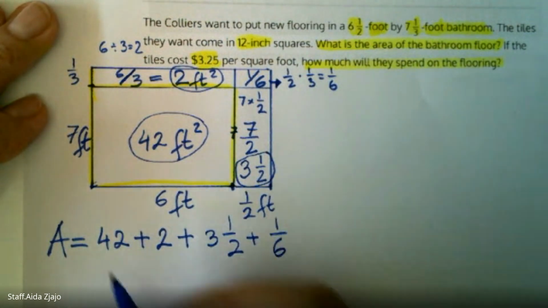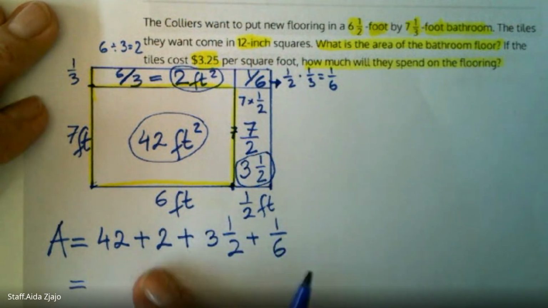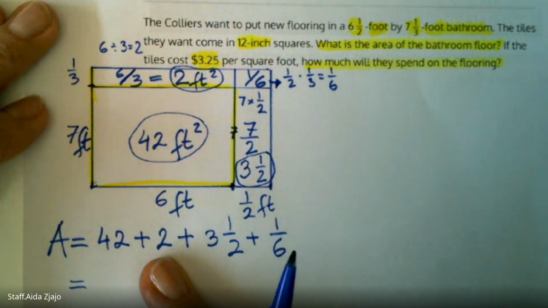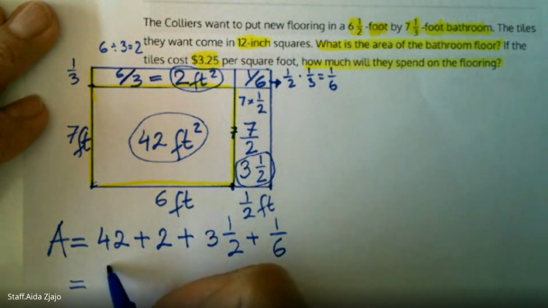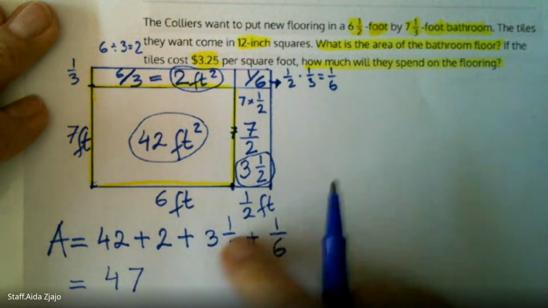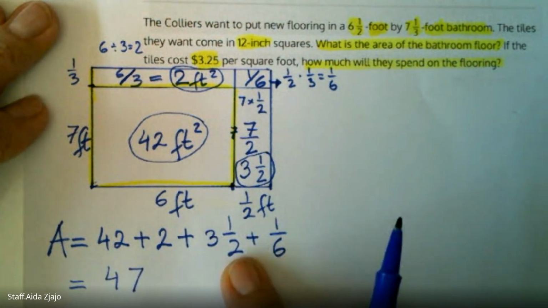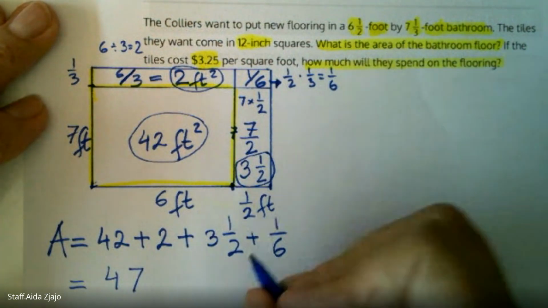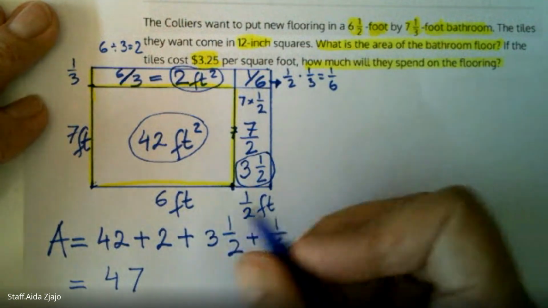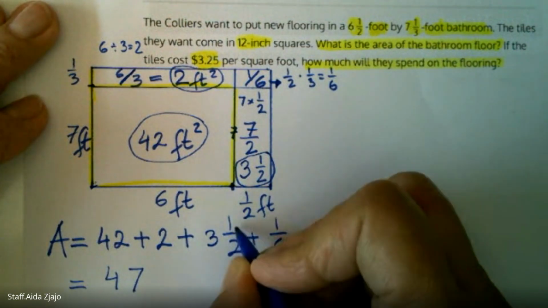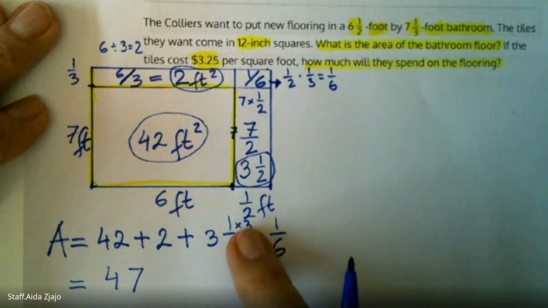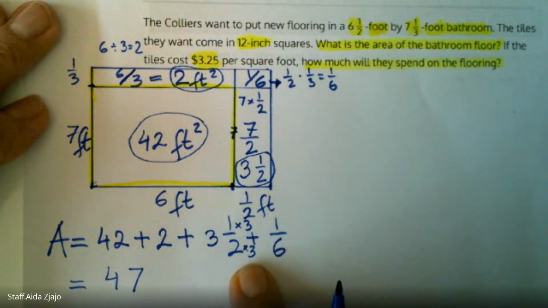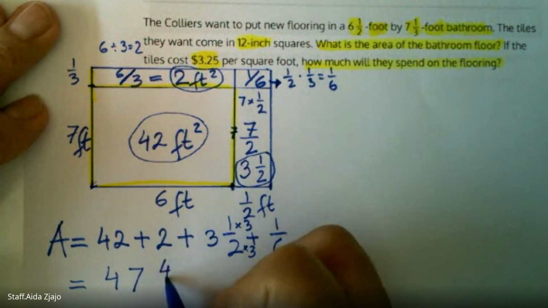Okay, so area equals 42 and 2 is 44, plus 3 is 47. Then 1/2 is not the same as 1/6. I can add only if the pieces are the same. So I'm going to change the half by cutting it into 3 pieces. So 1/2 is the same as 3/6. 3/6 plus 1 more sixth is 4/6.